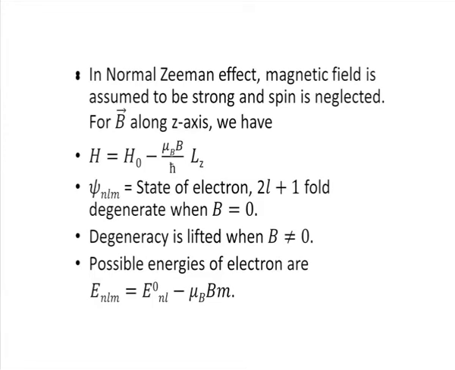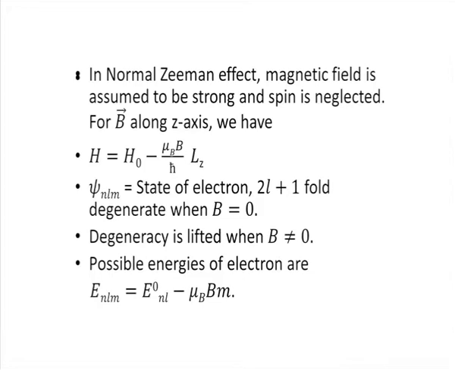Degenerate means there are many states corresponding to the same energy. Now, this degeneracy is lifted when B is not equal to 0, and the possible energies of the electron are E_nlm, that means E depends on n, l and m. It is E_nl0, that is the energy in the absence of B, minus mu_B B times m.